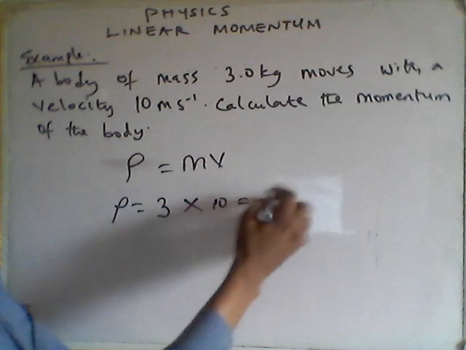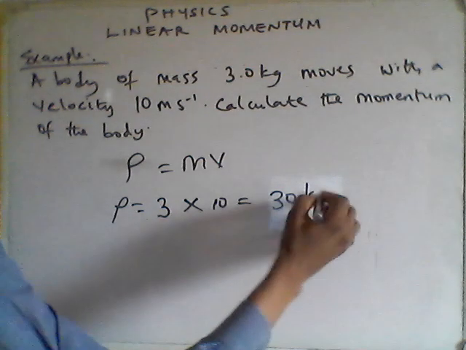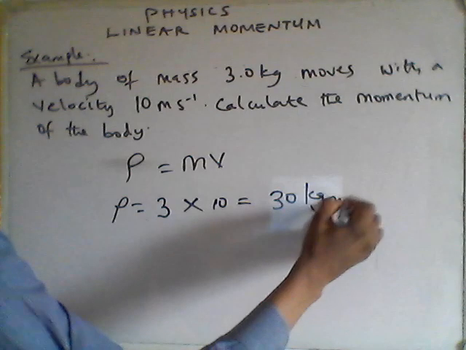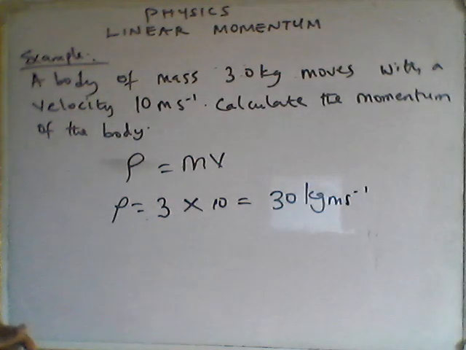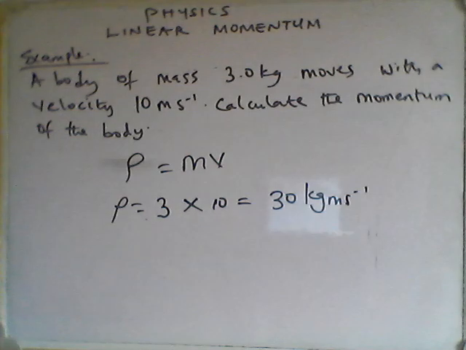By the time you multiply it, you have 30 kg meters per second. That is the unit of momentum. So these two examples we just saw are a practical application of momentum and impulse. So take note of these two ways of applying this.